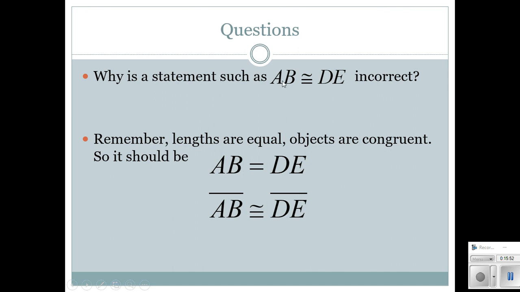If you use AB is congruent to DE, that's not correct, because with capital AB and DE, we're talking about lengths, numbers. So that is not the right symbol. You have to use the equal sign. If you have the line segment symbol on top of the letters, then you use congruent, okay?